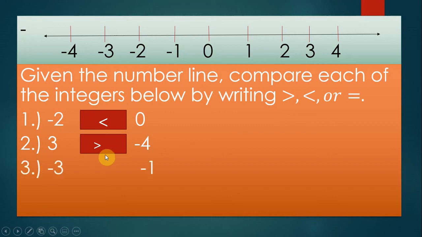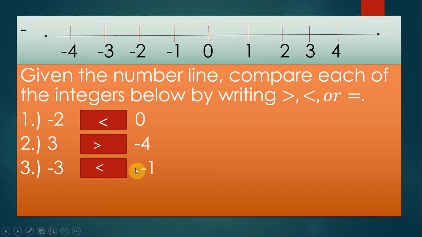How about number 3? Let's compare negative 3 and negative 1. Now, let me ask you, which is on the right side, negative 1 or negative 3? Okay, it's negative 1. So therefore, negative 1 is greater than negative 3. So for negative 3 and negative 1, the symbol is less than.